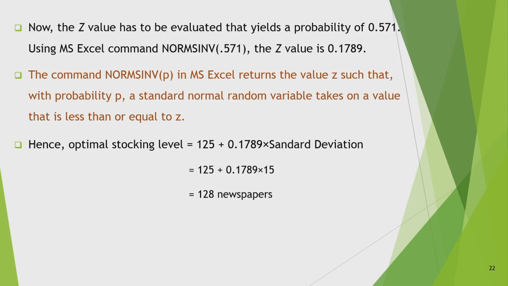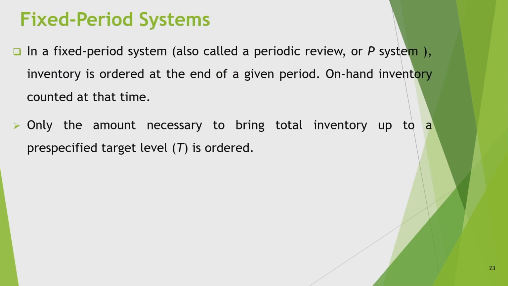The command NORMSINV(P) in MS Excel returns the value Z such that with probability P, a standard normal random variable takes on a value that is less than or equal to Z. Hence, the optimal stocking level is 125 plus 0.1789 times the standard deviation. So, 125 plus 0.1789 times 15 becomes 128 newspapers.